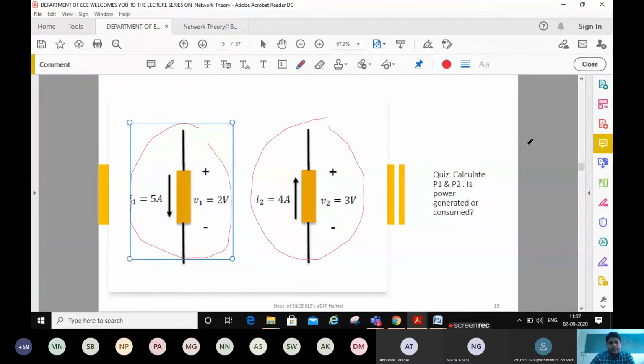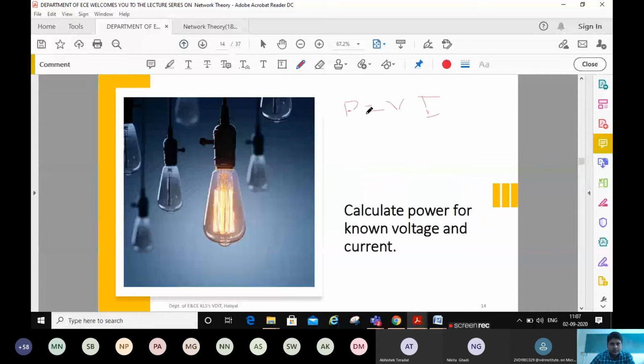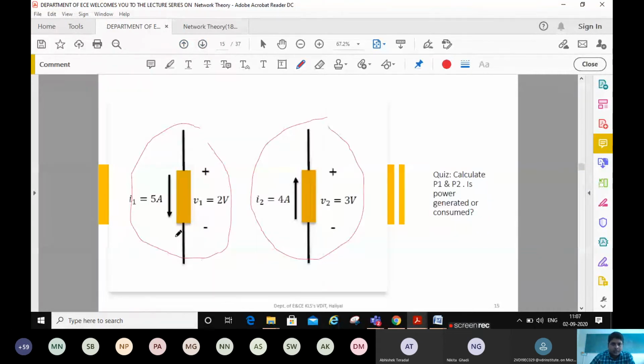Okay, so I will just give you the hint here. You need to just check the passive sign convention. See, if you are using this equation, P equal to V into I, then check the direction of current. If the current is entering the positive polarity, then take the current as plus. If the current is entering negative polarity, take the current as minus. Okay.